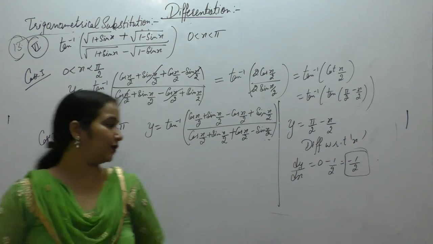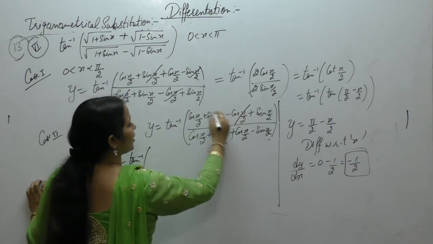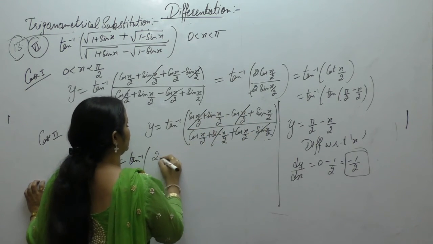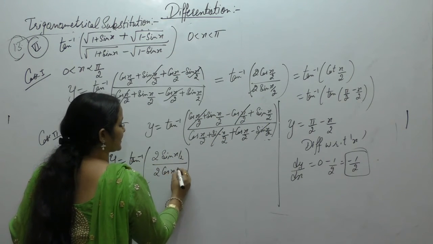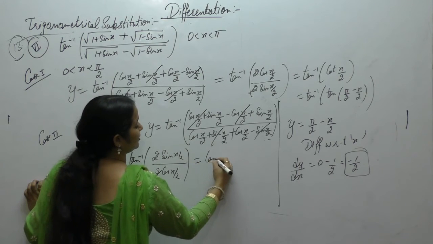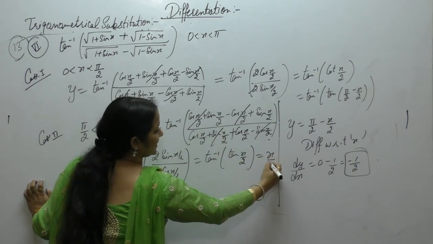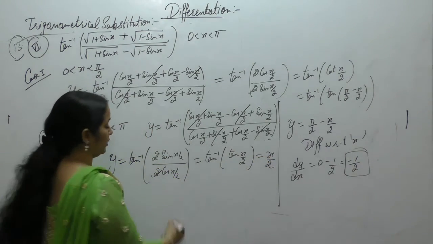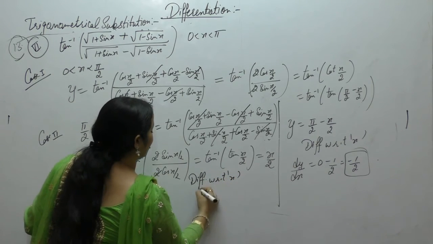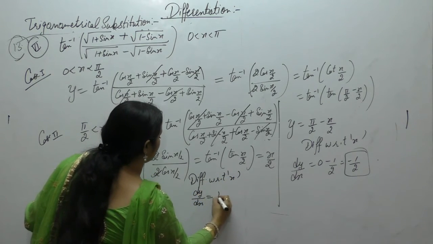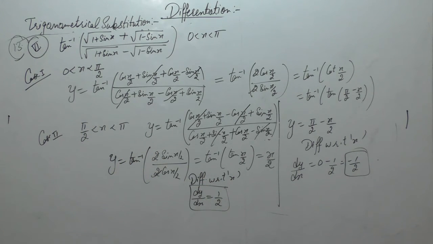So what we get now? Y is equal to tan inverse. Here cos will cancel and sin will cancel. 2 sin x by 2 upon 2 cos x by 2, tan, equal to 1 by 2. Note it down.